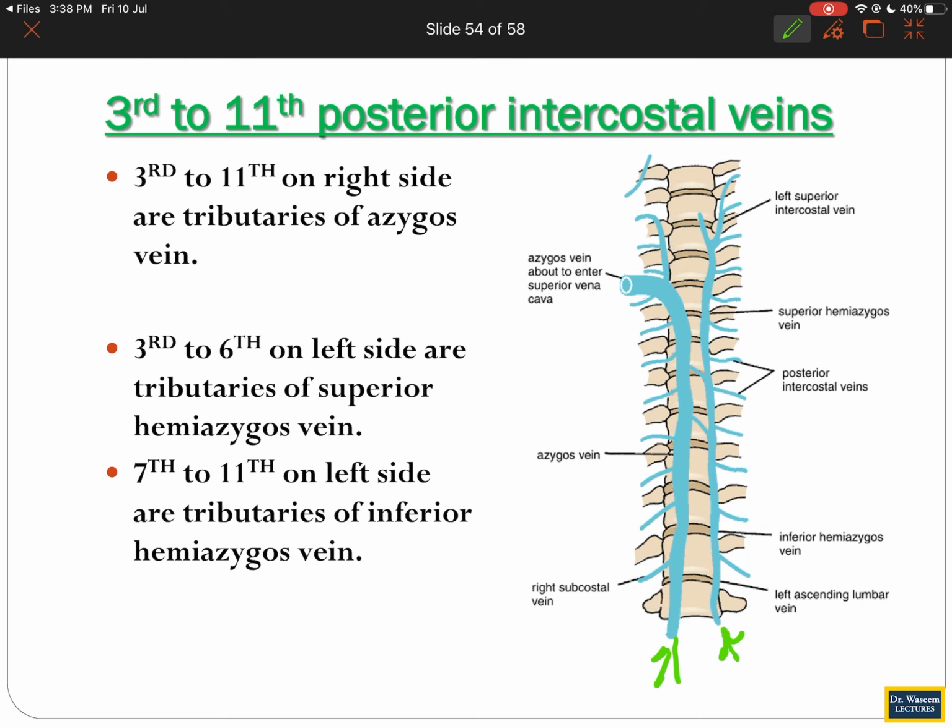For example, previously we saw from the 3rd to 11th intercostal spaces, 3, 4, 5, 6, 7, 8, 9, 10, 11, that means we have 9 intercostal spaces bilaterally supplied by the aorta. The upper 2 from the superior intercostal and the lower was the subcostal, obviously from the aorta bilaterally also.